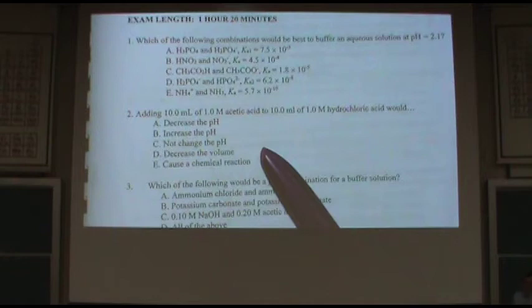Do you see the difference? What's the pH? I'm starting with the one on the left, acetic acid. I add HCl, it probably drops the pH. Okay, cool. 2.